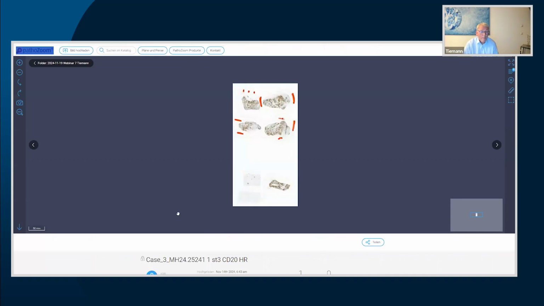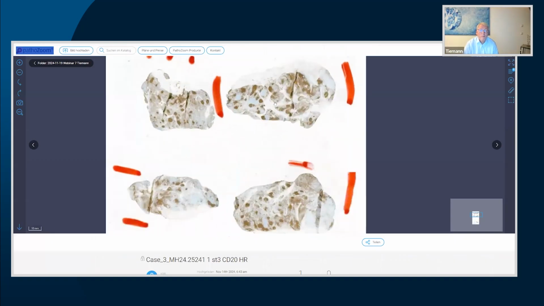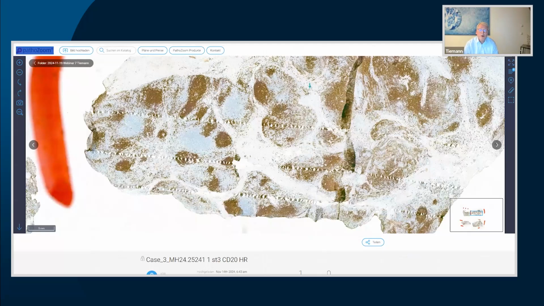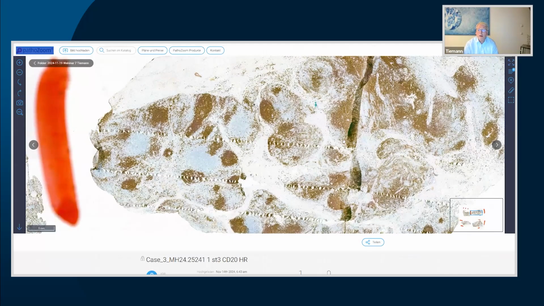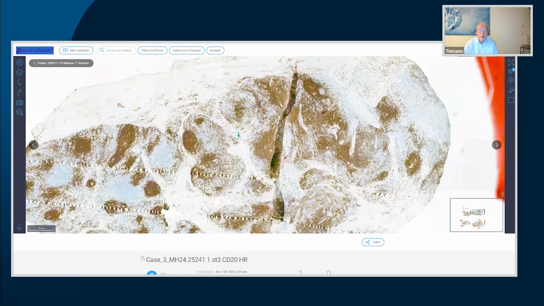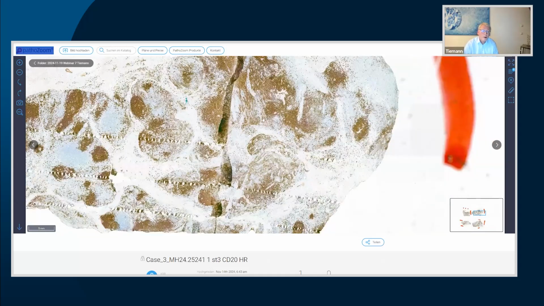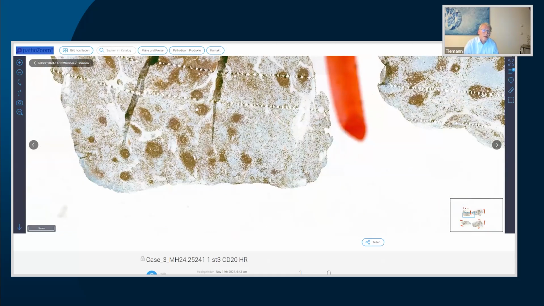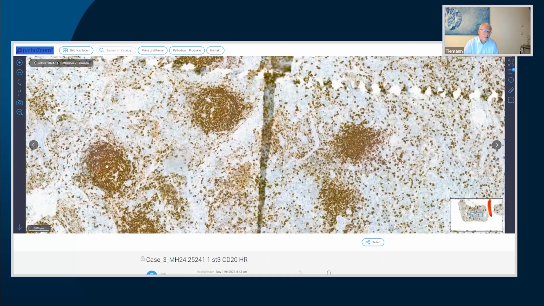This one. And you see in an overview many B follicles. Here again, and then these changed B follicles with diminished number of blasts.